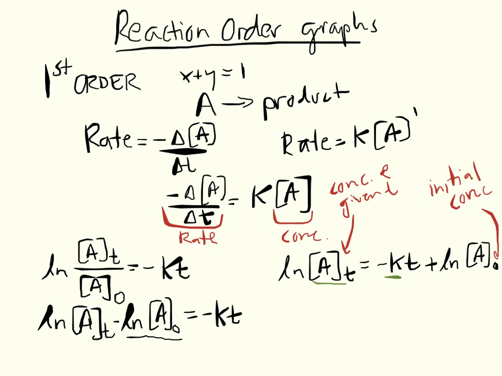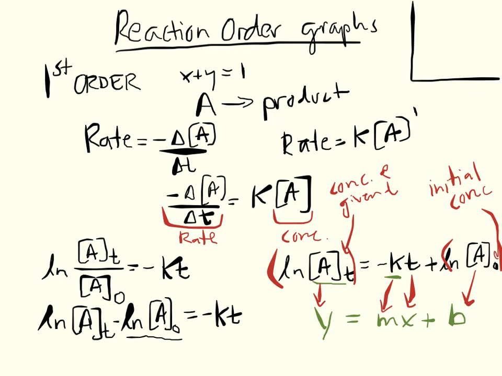Because if we think about this as a y equals mx plus b, if we take natural log of A sub t as our y, k to be our m, x to be our t, and this to be our b, and we plot a graph with these values on the x and y axis, we can always figure out the rate constant.